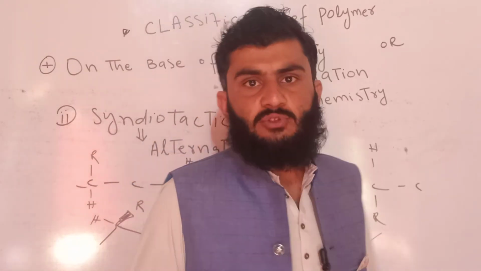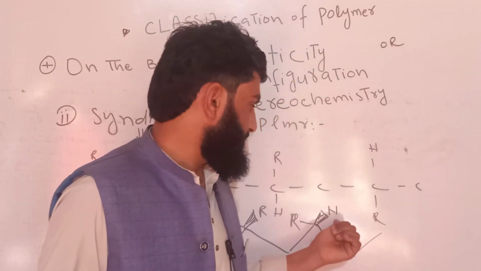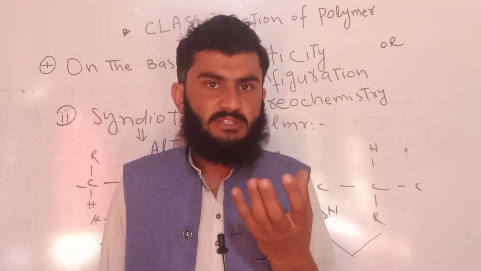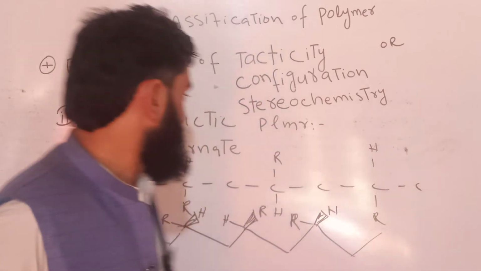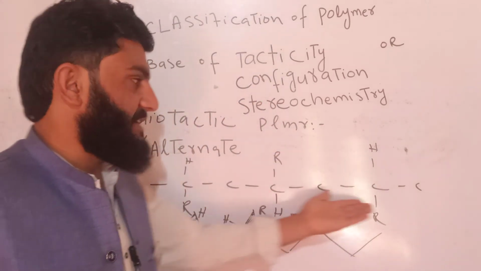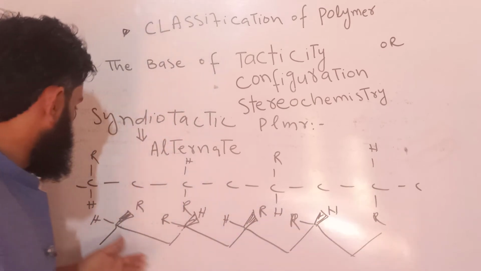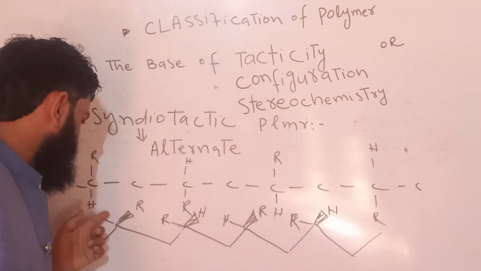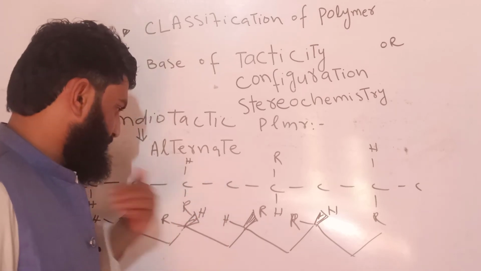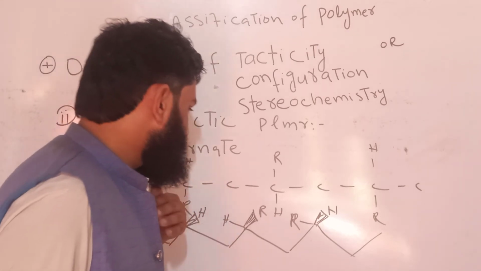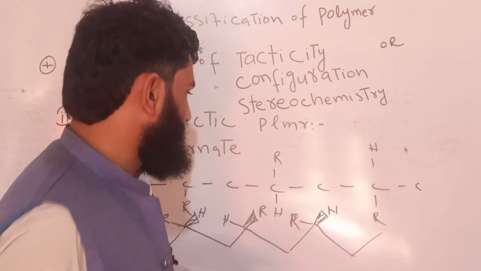So this wedge shows that the hydrogen is toward me and this R is away, as this structure indicates. So the hydrogen is away from me and alkyl is toward me. Alkyl is away from me, hydrogen is toward me. Hydrogen is away from me, alkyl is toward me.